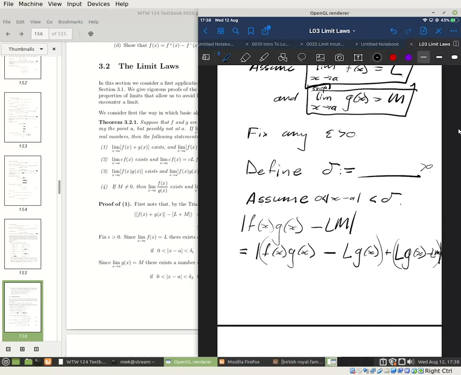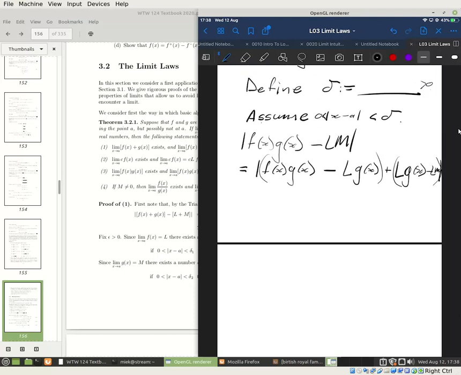And now let's factor out everything that we need. Actually, I'm skipping steps here.